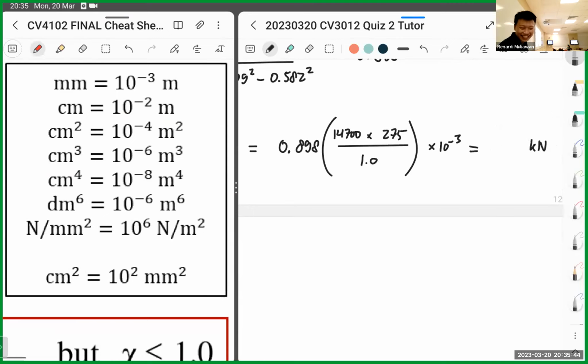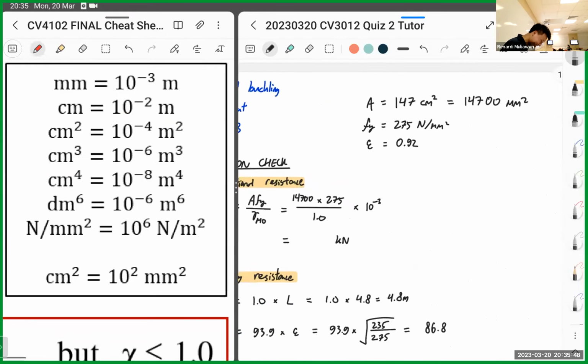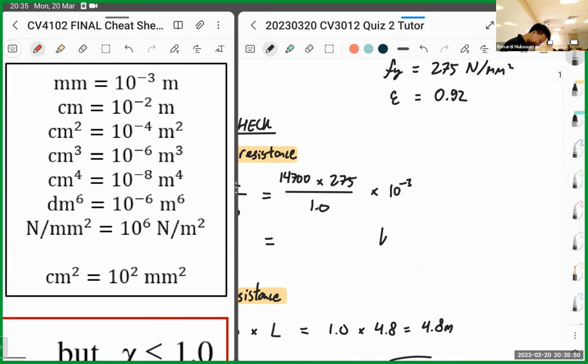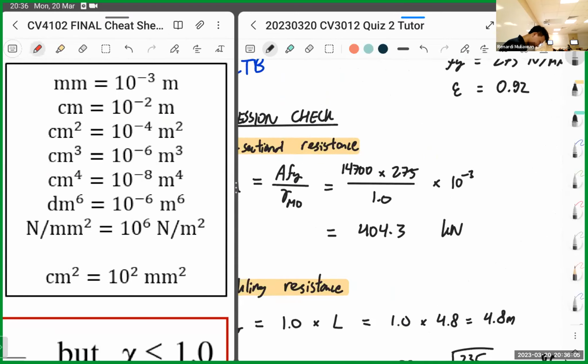I will take that C. Okay, so 14,700 times 275. Ah, this makes more sense. So 404.3. That's for the cross-sectional resistance.